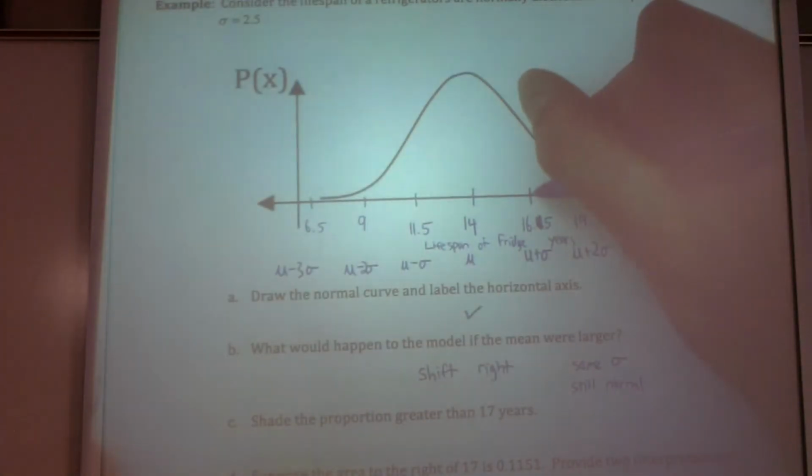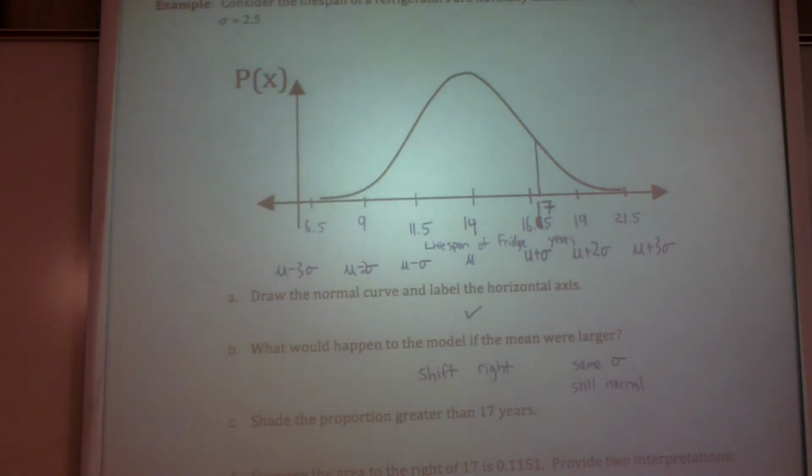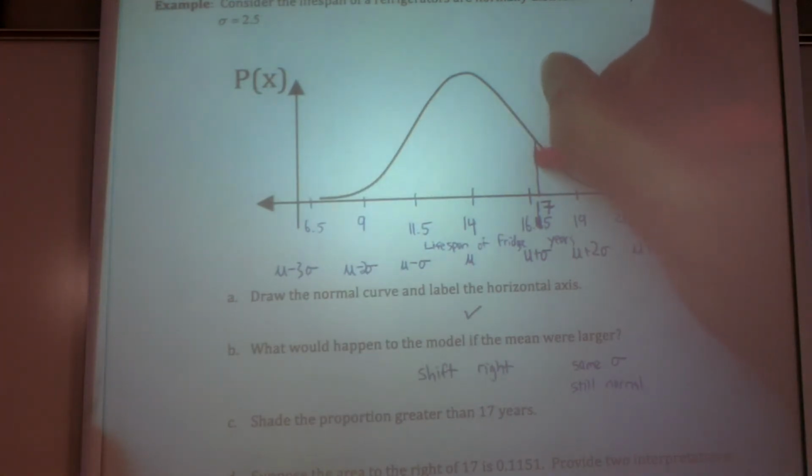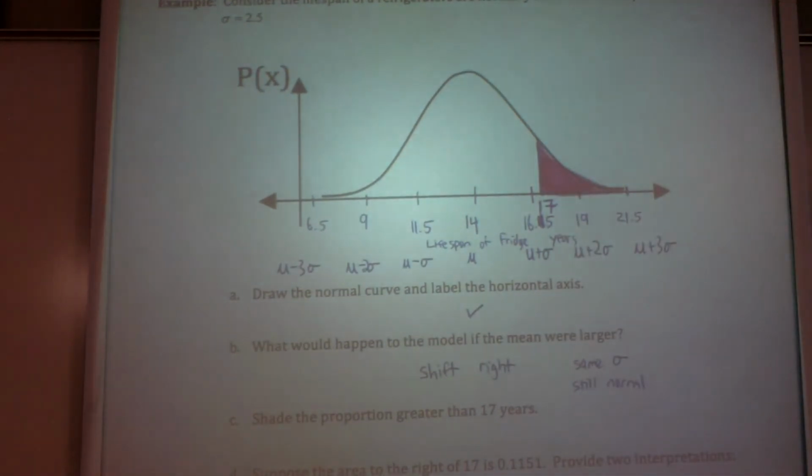But notice here, 17 is probably going to be right about here, and that 17 is not one of the standard deviations. It's saying, what is the proportion or percentage greater than this? That would be looking like right here. How do we figure that out? We can't use 68, 95, 99.7 here.